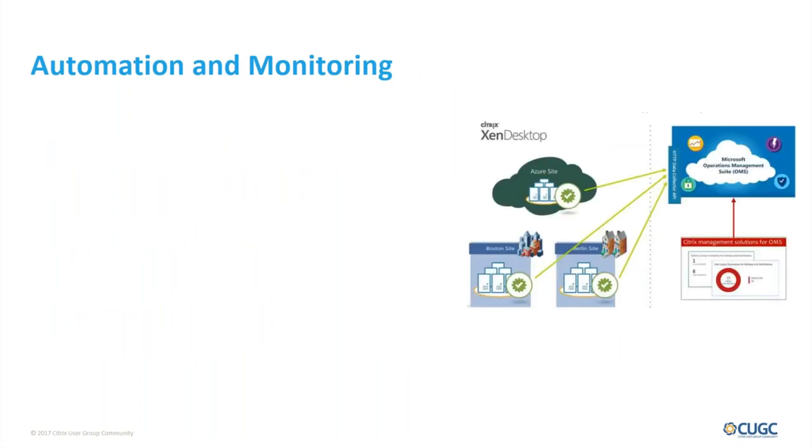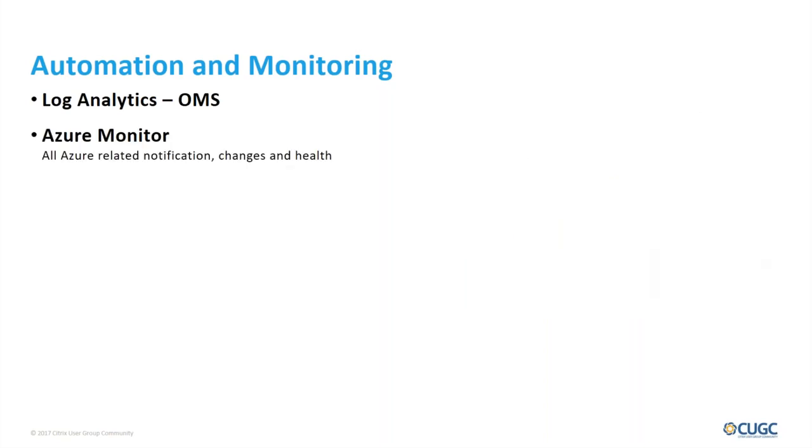So when it comes to automation and monitoring, there's a bunch of different tools that we can use in order to do automation in Azure, especially on the monitoring side. We have Log Analytics from OMS. I'm going to cover that a little bit more in depth on the next slide. But it's basically gathering log information from different sources, analyzing it, and reacting on the information that comes in.